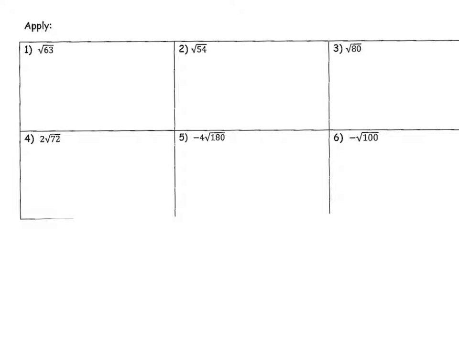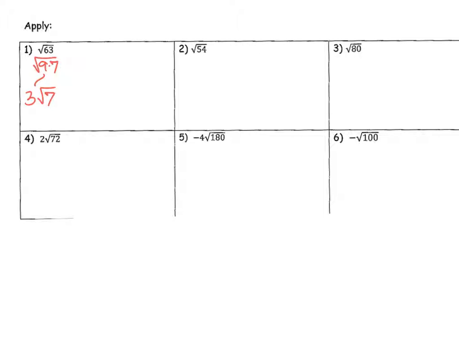Tell me what makes 63. 9 and 7. Okay, what number comes out? 3 radical 7. Good. And I'm done. 7 can't be broken down anymore.